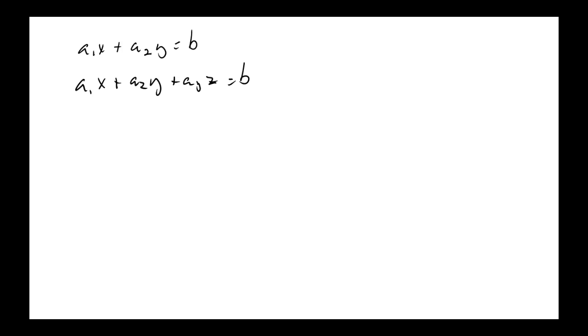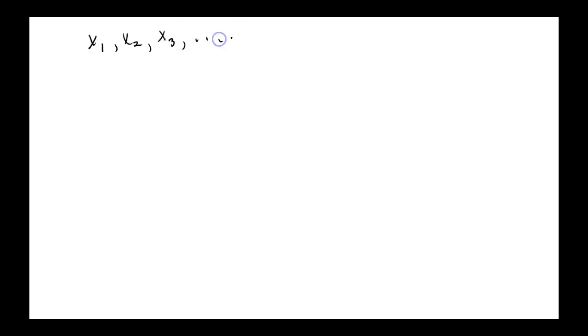It has to be a finite number, but it does have to be here. So here is a linear equation in n variables. What if you had n variables? We'll call it x1, x2, x3, up to and including x sub n.